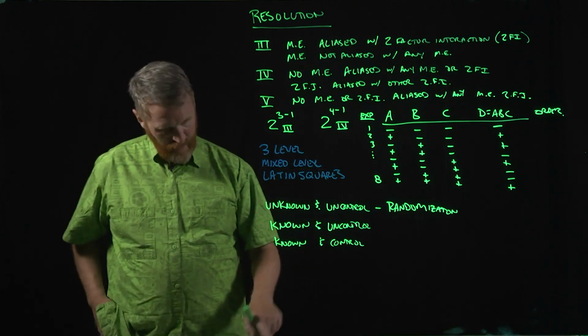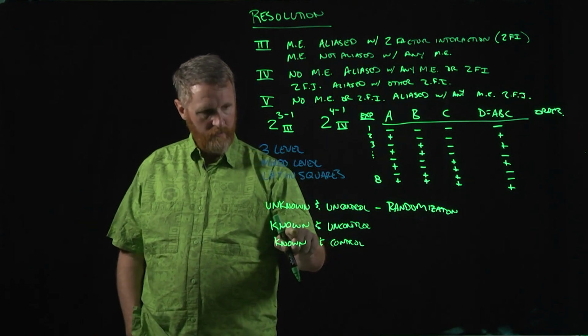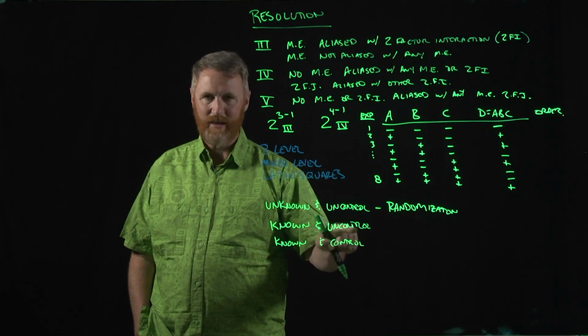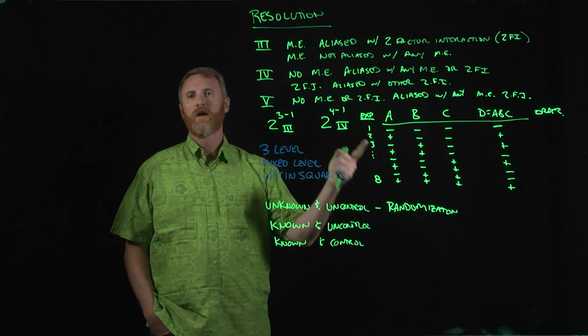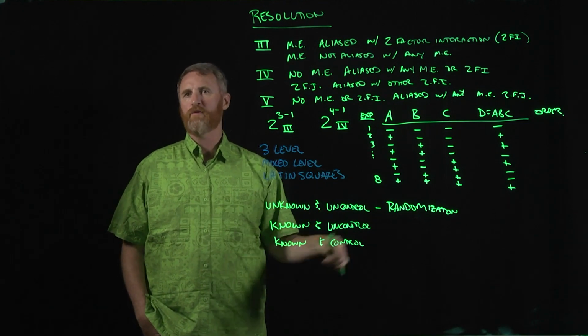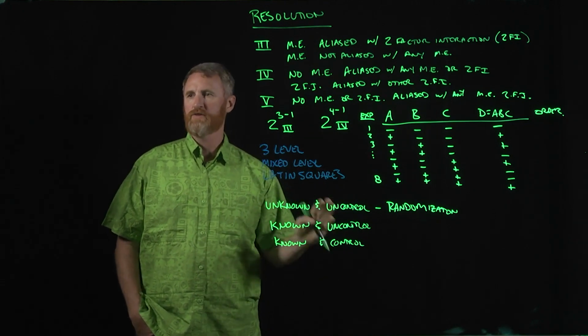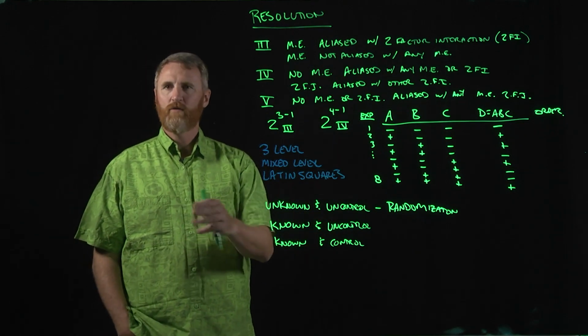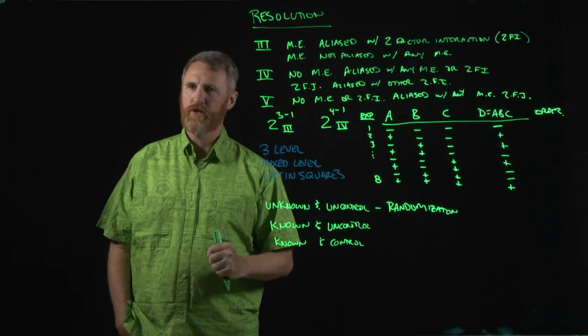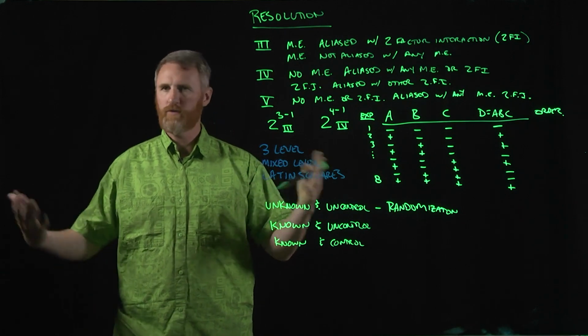If we have known but uncontrollable, so I can't really do anything about it, but I know that it's a variable. So for example, I can't control the order of gender of people coming into a clinic when I'm doing medical trials, right? Or I can't necessarily control the age. Or in my running example, I can't control the temperature, right? Because the temperature is just whatever the weather is.